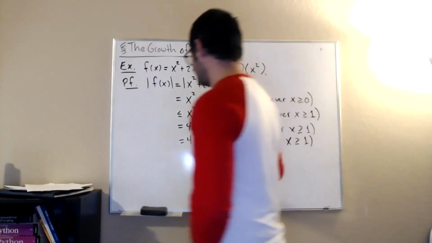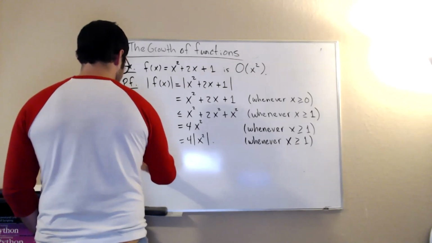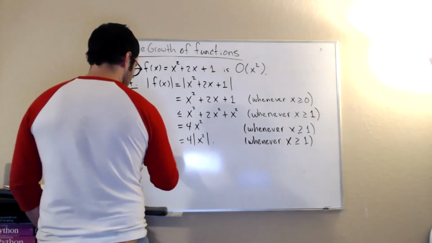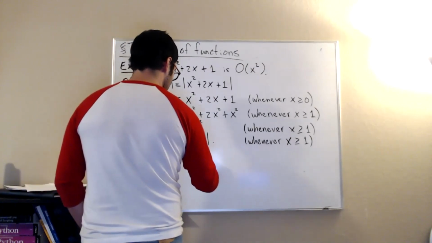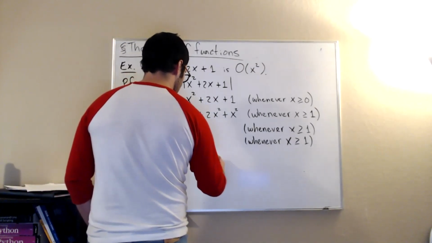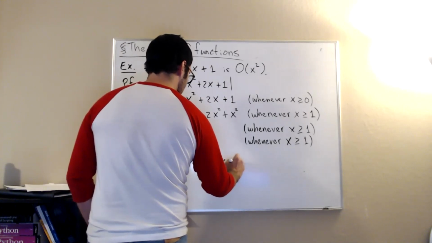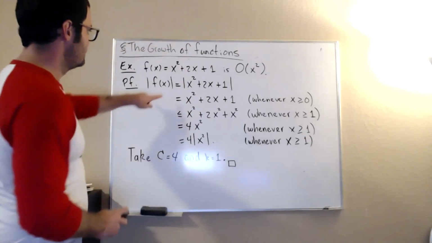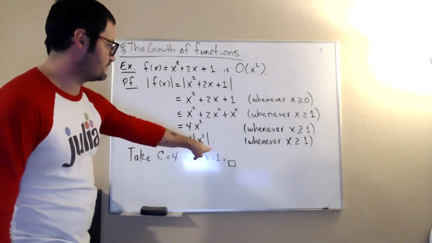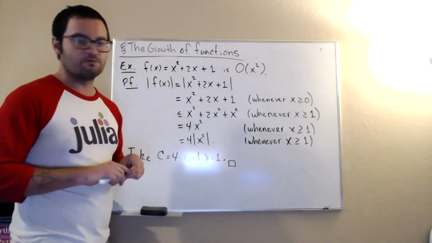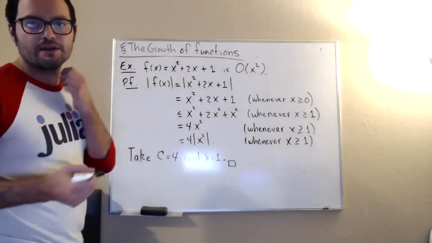So here, we take c equal to 4 and k equal to 1. So the absolute value of f of x is bounded above by c times the absolute value of x squared, whenever x is greater than or equal to k, or greater than k.